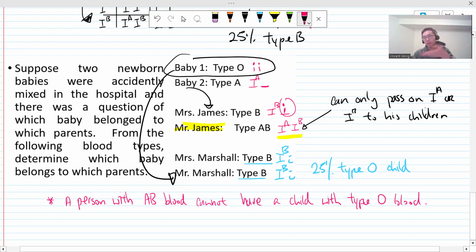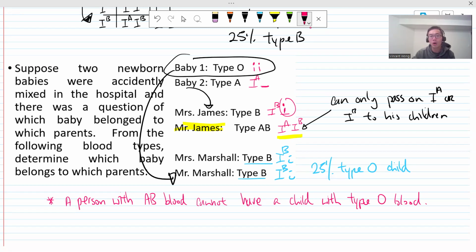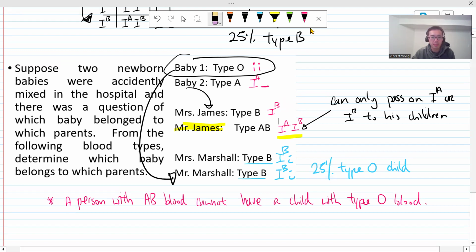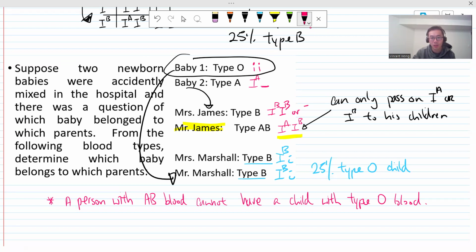Does little i come with B? It might, it might not. She can be IB IB or IB little i, homozygous or heterozygous.